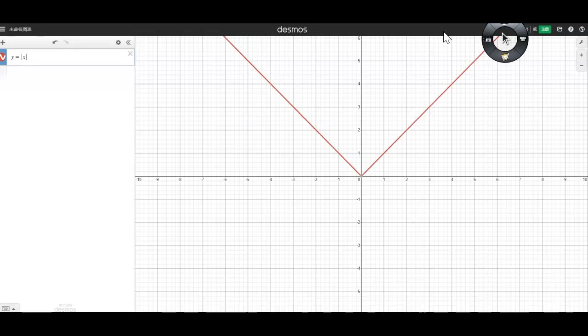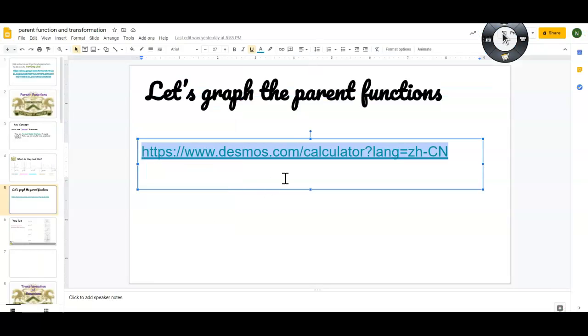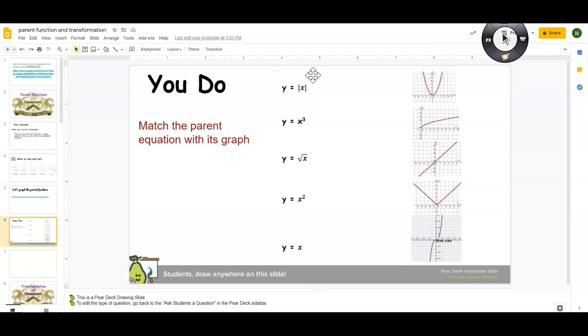You see it is a V shape going through 0, 0. Okay? So I have graphed each of the parent functions, and the goal for today is when I give you a basic parent function, you give me the corresponding basic shape and vice versa.